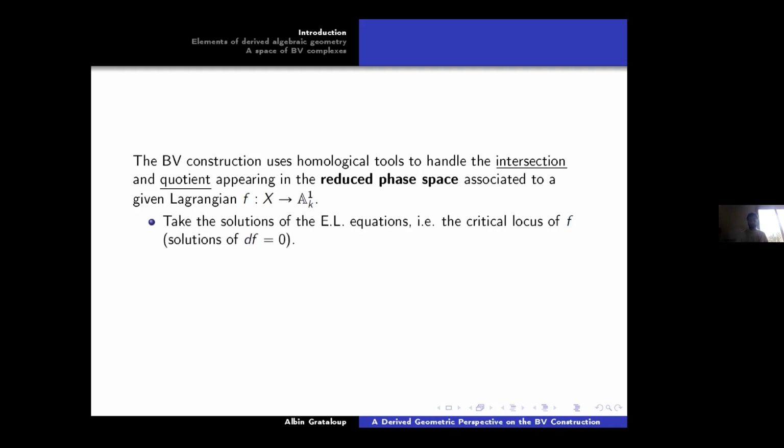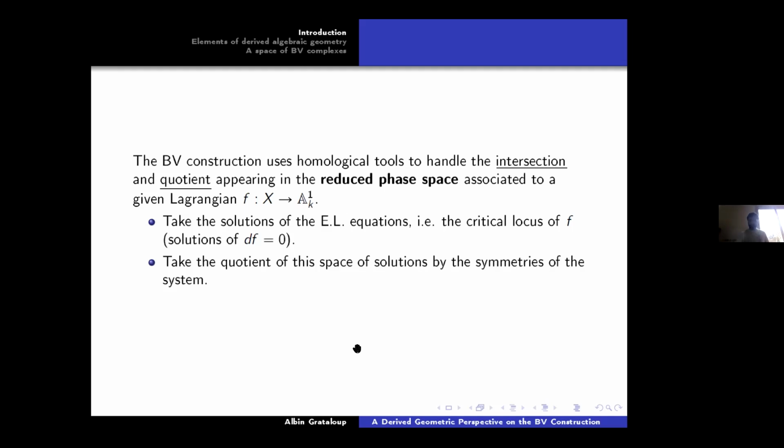What I mean by that is, first, taking the solution of the Lagrangian equation, aka the critical locus of this functional, and second, taking the quotient of it by the symmetries of the space of solutions of the Euler-Lagrange equations.